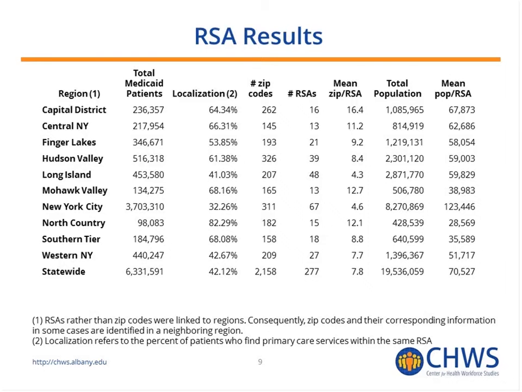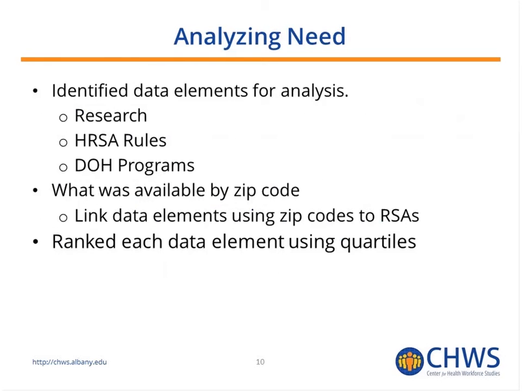So the next step, once we developed our RSAs, was that we tried to define need. In identifying the need for analysis, we looked at research, we looked at HRSA rules, and we looked at current New York State Department of Health programs and what data indicators have been identified as important.